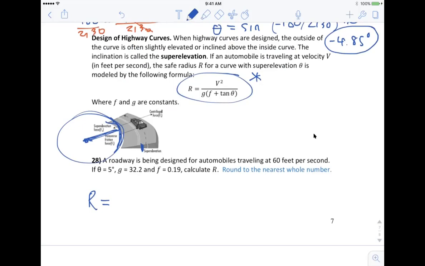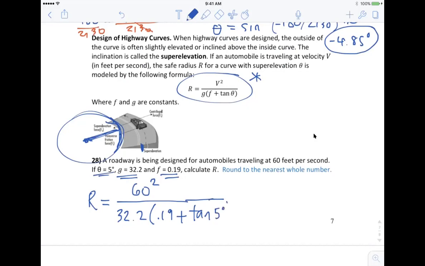So R is equal to 60 squared. Looking at that formula, the top is V squared, so that's 60 squared. G is 32.2, then in parentheses, F, 0.19, plus tangent of theta, which is given as 5 degrees. Okay, so there's what I want to calculate.